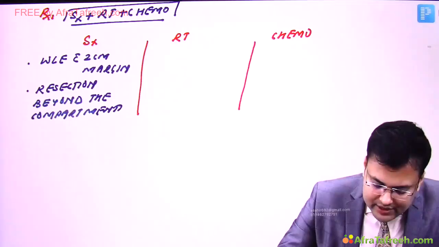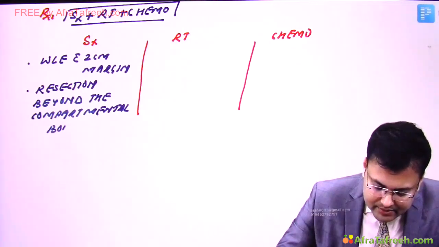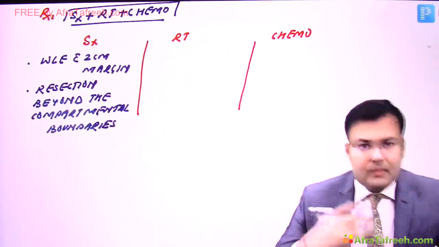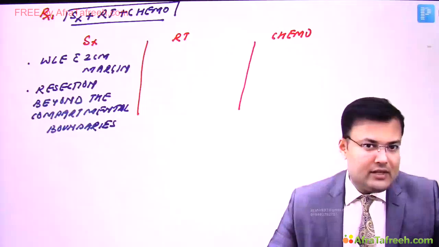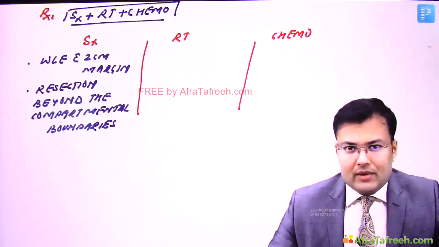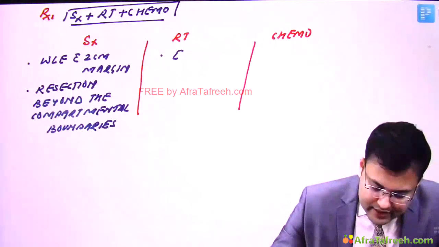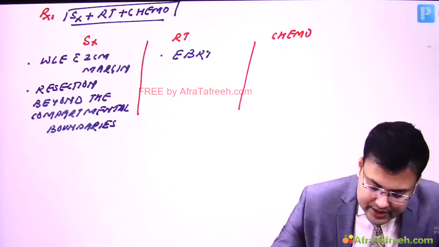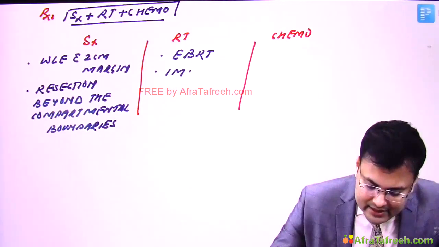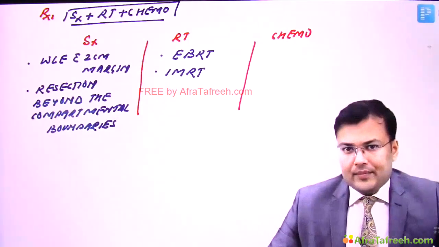And this was the question which was asked in JIPMER. It was a direct one-liner question: resection beyond the compartmental boundaries is done in which particular tumor? Soft tissue sarcoma. For radiotherapy, we have 2 options, we can go for external beam radiotherapy and intensity modulated radiotherapy.